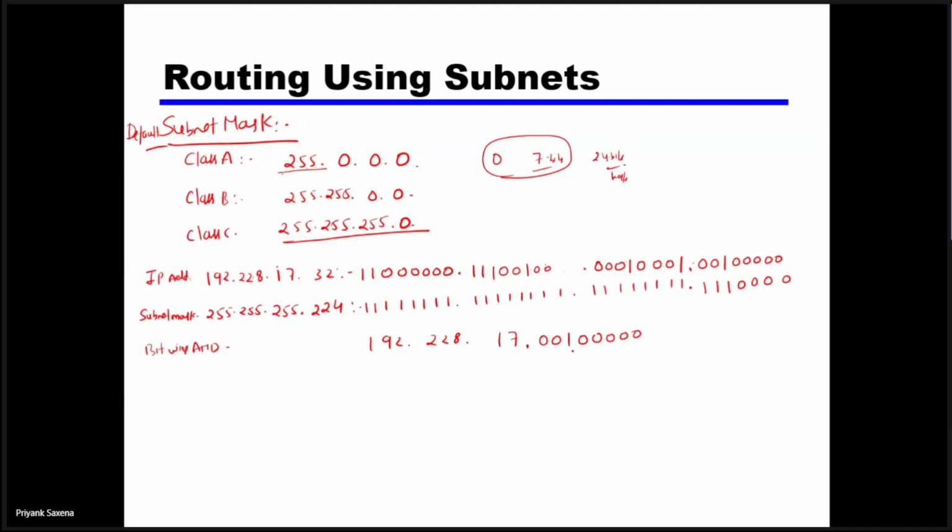Always remember, after applying the mask, look at where the contiguous zeros start. The portion before this gives you the subnet number.